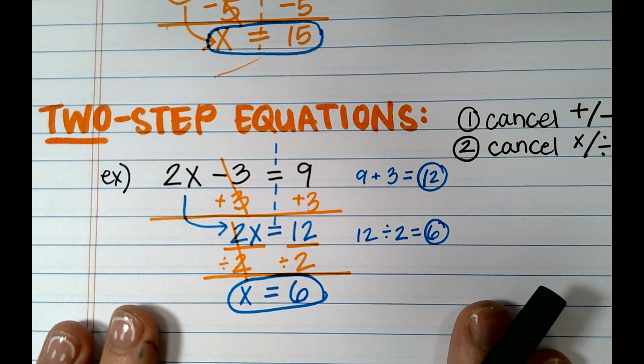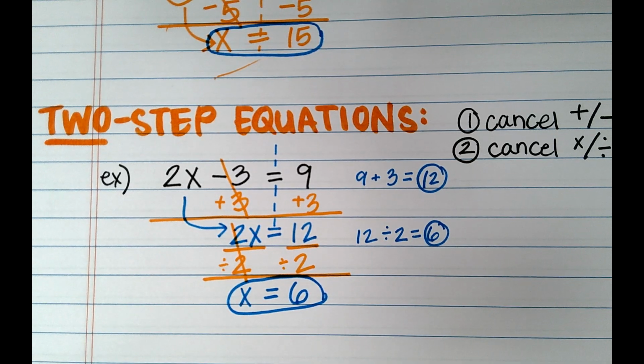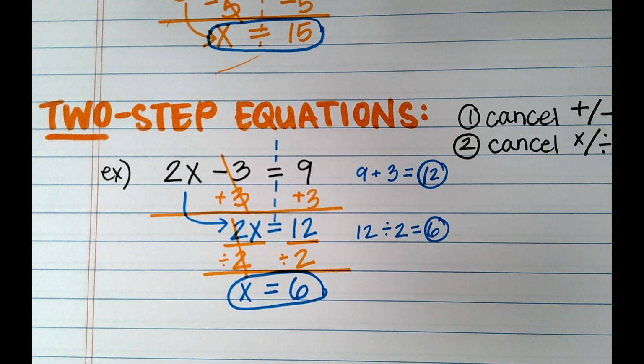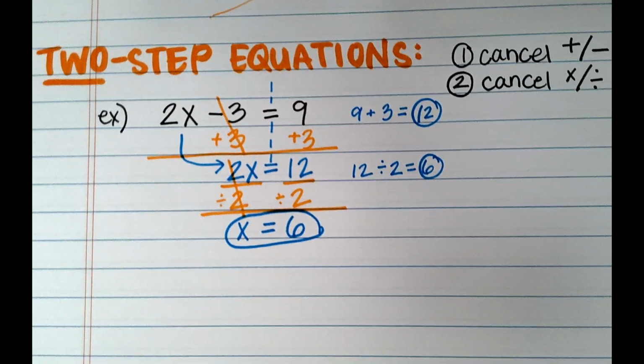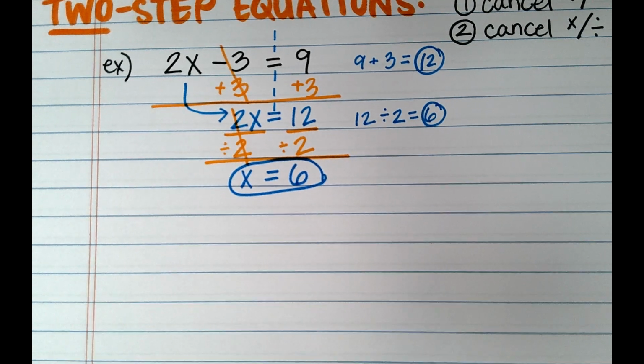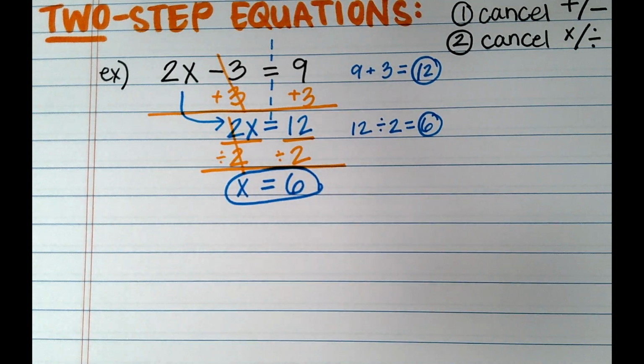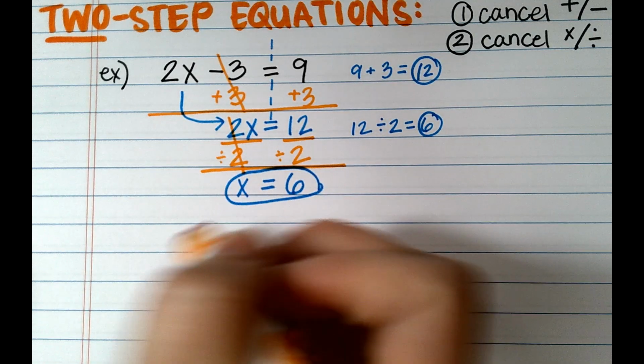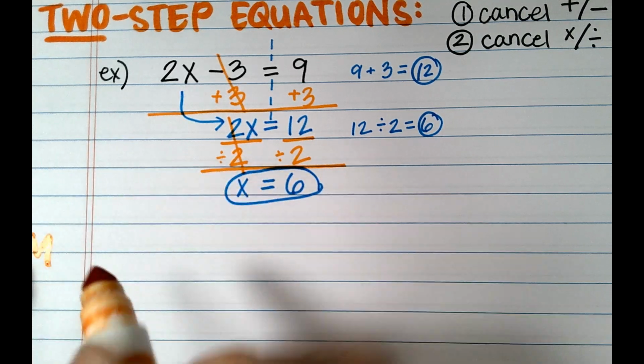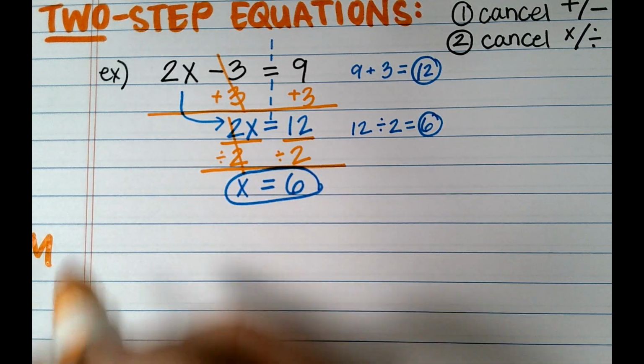That's a 2-step equation. Can I show you a multiple step equation? You guys, can we handle it? I think you can. All right, I'm going to show it to you. A multi-step equation is actually just like a 2-step equation.